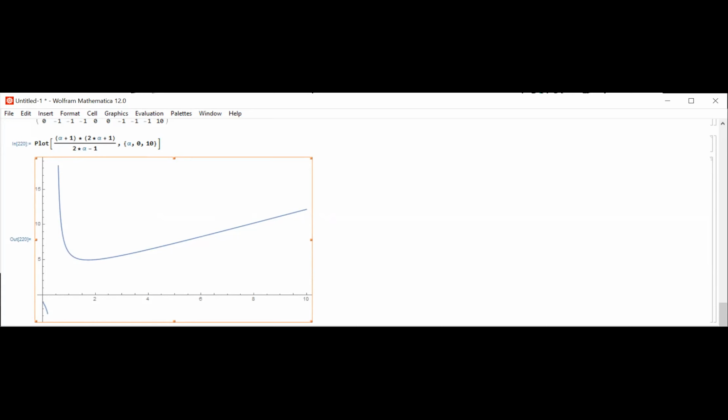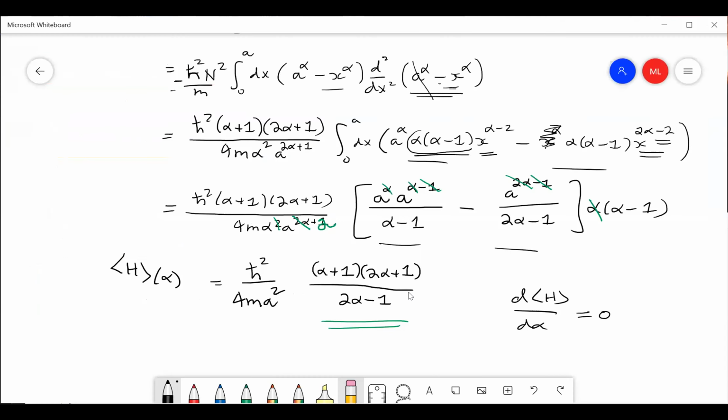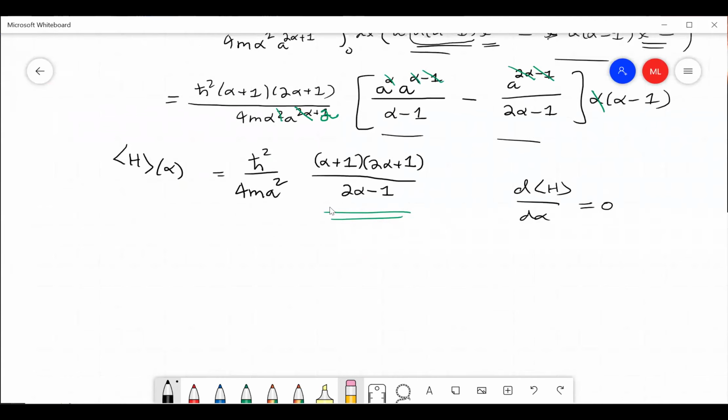And you can do that. I'm not going to bother with the tedious derivative, but you find that alpha star, the minimum, occurs at (1 plus square root of 6) over 2, which is about 1.72.